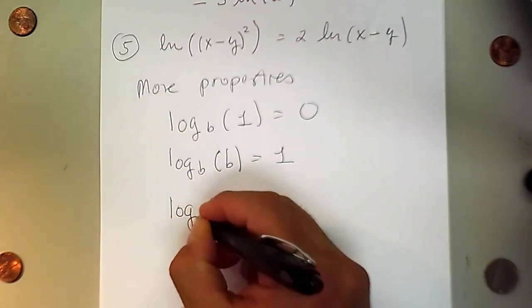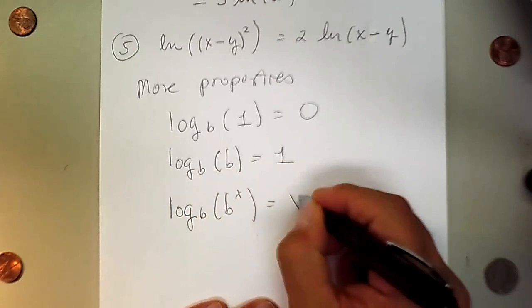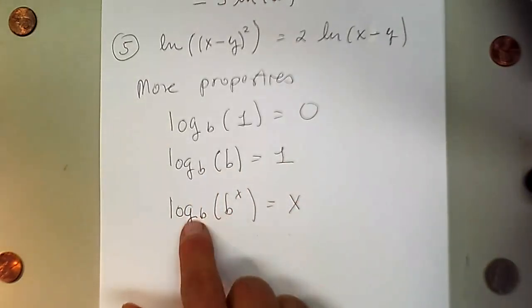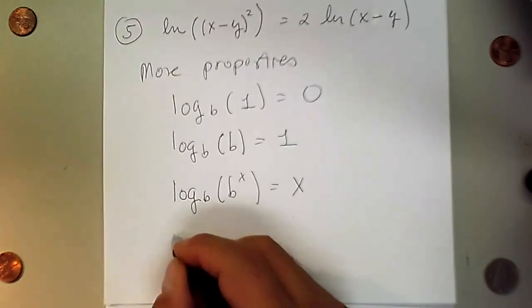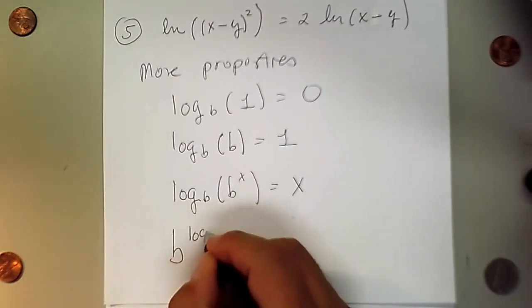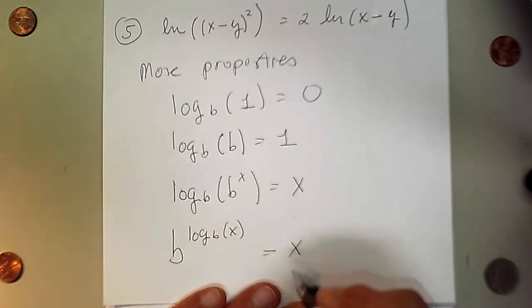Logarithm in base b of b to the x equals x. Those two operations undo each other. B to the logarithm in base b of x equals x.